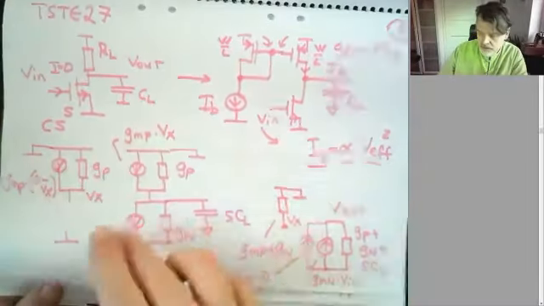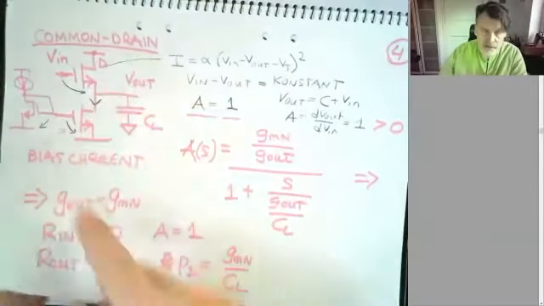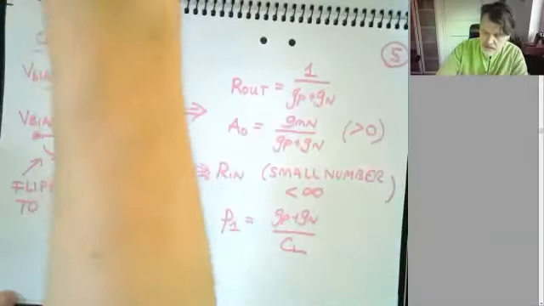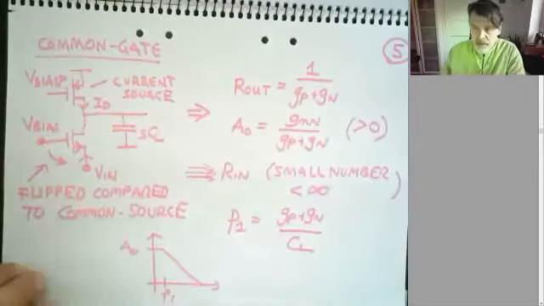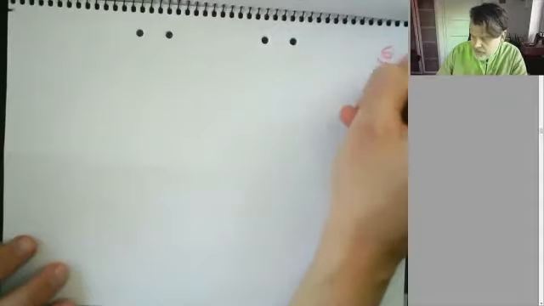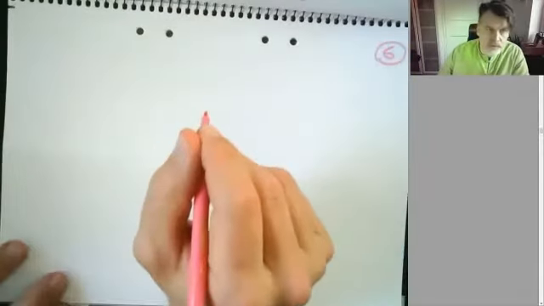I ground my source, I ground my drain, and I ground my gate. So what are the implications of these if I want to increase the gain? Let's start to talk about that and see how much we get before the break.